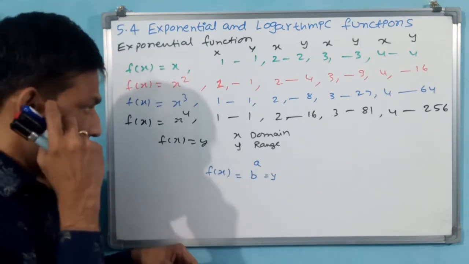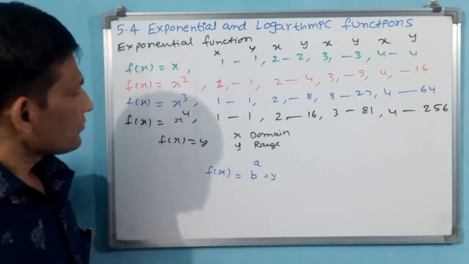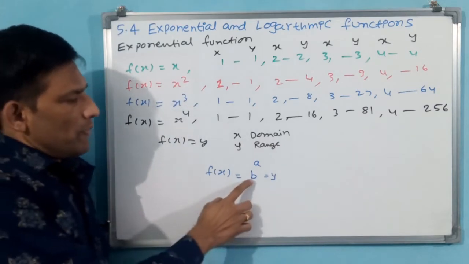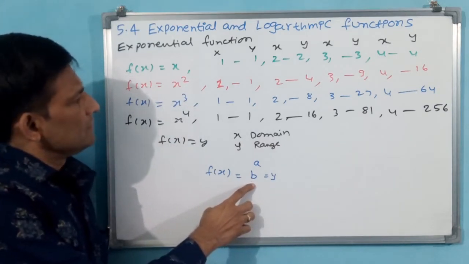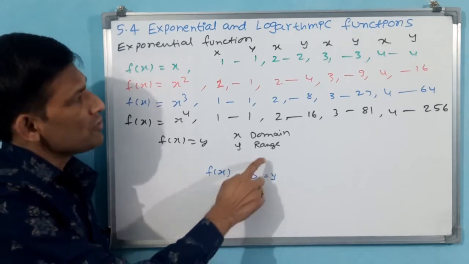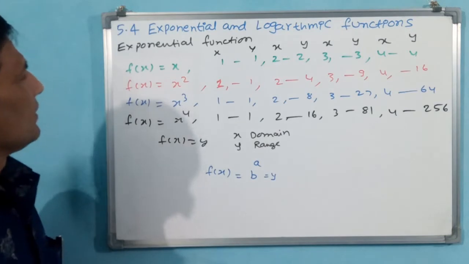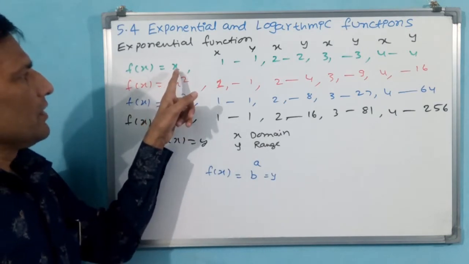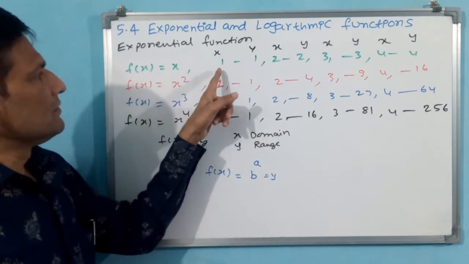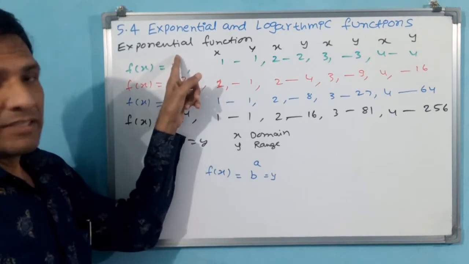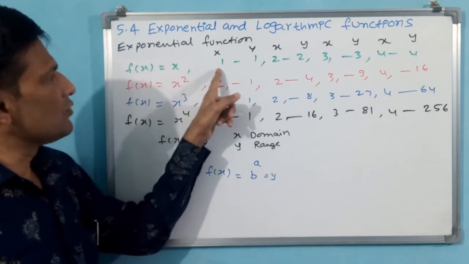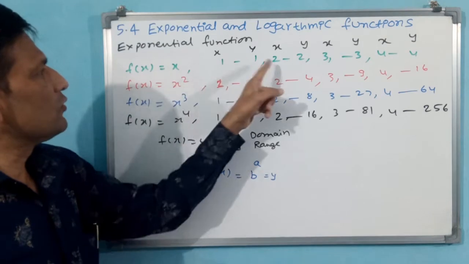Now you tell me. I have changed the base, and I have changed the power also. Both have changed. If you observe carefully, in x, power is 1 but the base goes on changing: x is equal to 1, x is equal to 2, x is equal to 3.